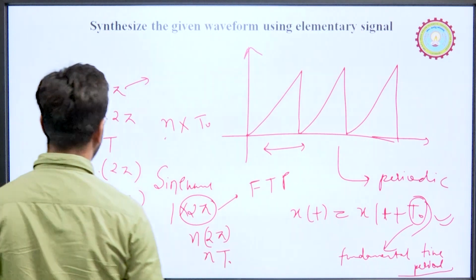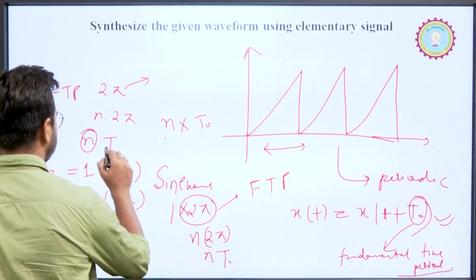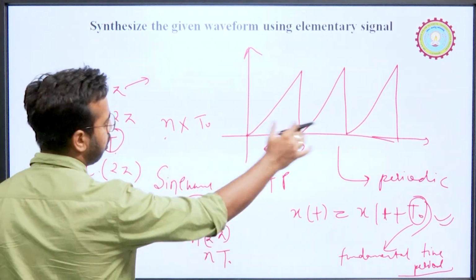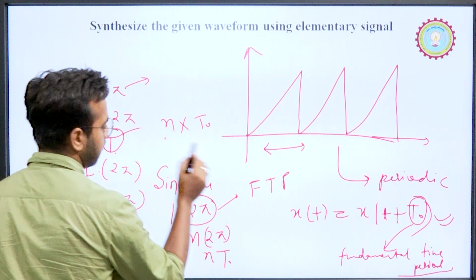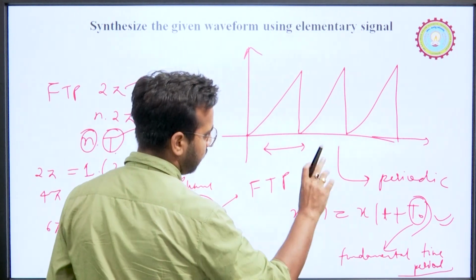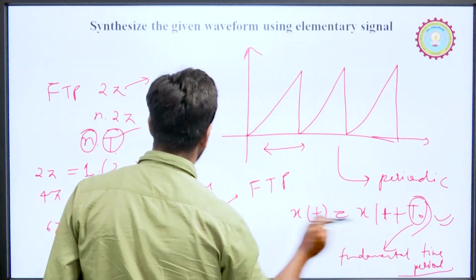So, if a signal is periodic for T, it will also be periodic for nT. Okay. That is why this is the fundamental one, as it will be periodic for many time periods. This one is the smallest, and the smallest time period for which a signal is periodic or repeats itself is called the fundamental time period.